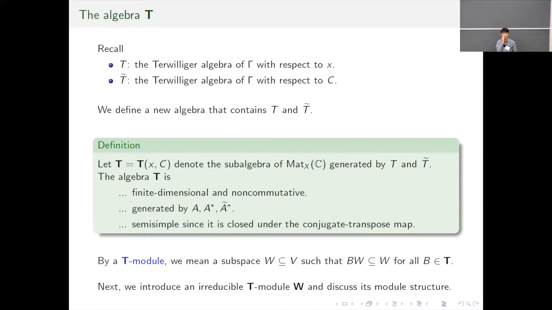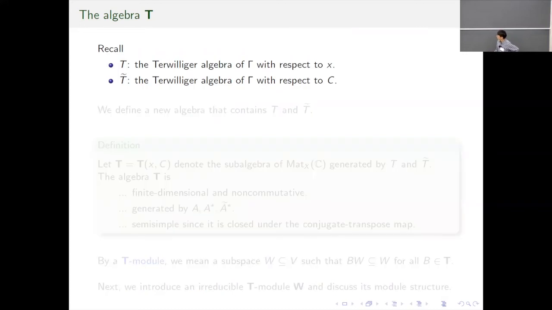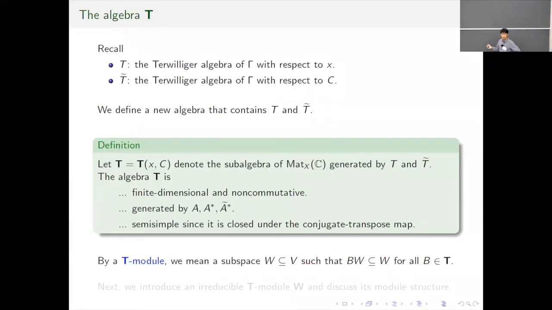Normally A star satisfies some relations, and we have the same thing for the tilde. Even in the bold T case, A star actually satisfies the TD relations, and A star tilde also satisfies the TD relations.